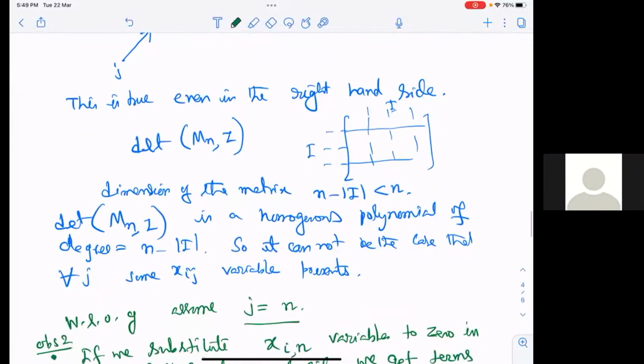Oh, because what is the dimension of the matrix for which you are computing the determinant? That is n minus the cardinality of I, right? Yes, sir. So if you take the determinant of an n minus I cross n minus I matrix, then the determinant polynomial will be a homogeneous polynomial of degree n minus I. Yes, sir. But for every j in n, if you have some variable xij present, then the degree cannot be n minus I, it will be at least n.